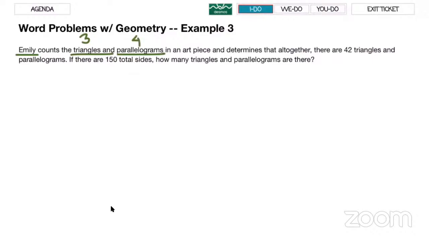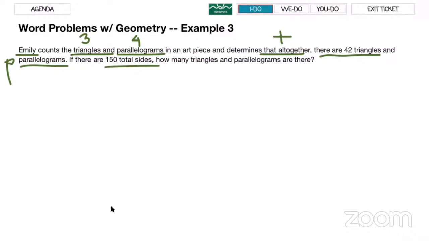In an art piece she determines that all together, that means you're adding something, there are 42 triangles and parallelograms. Because it didn't say the number of parallelograms, you're just going to say P amount of parallelograms, okay? So if there are 150 total sides, how many triangles and parallelograms are there?